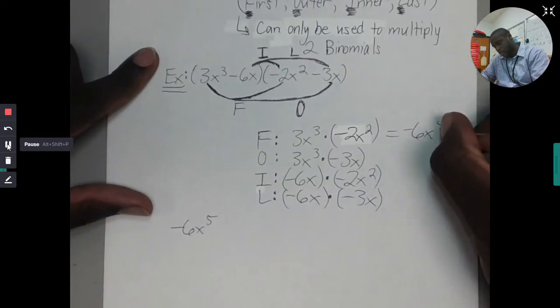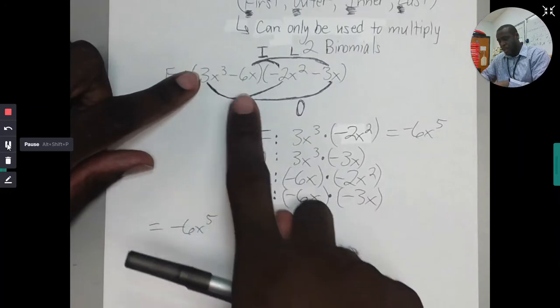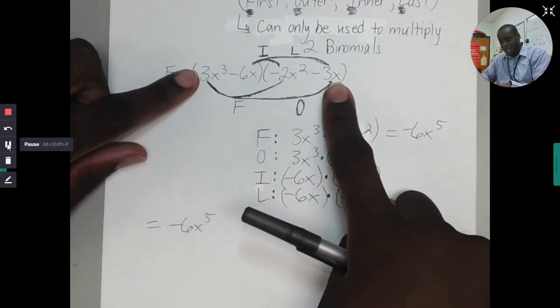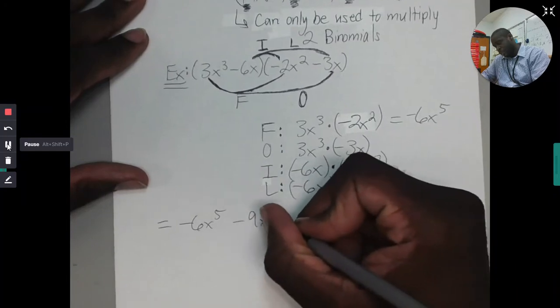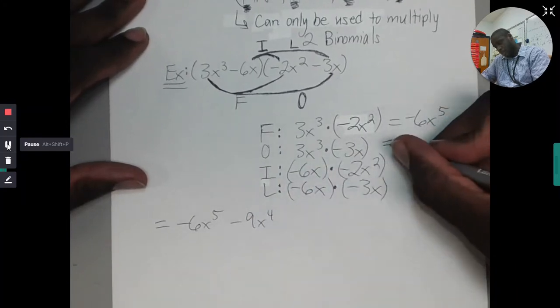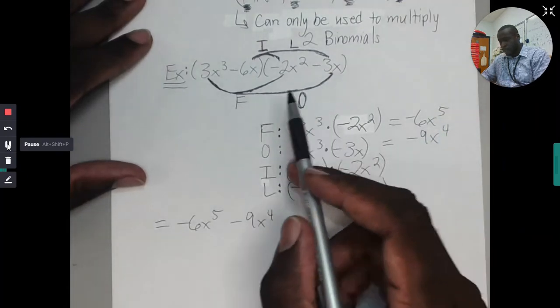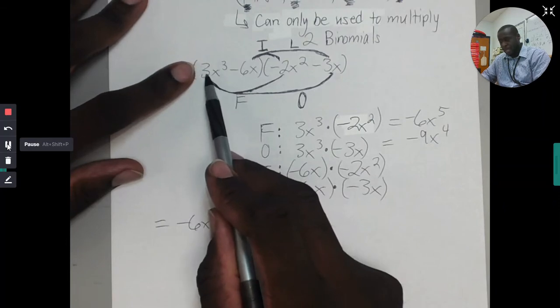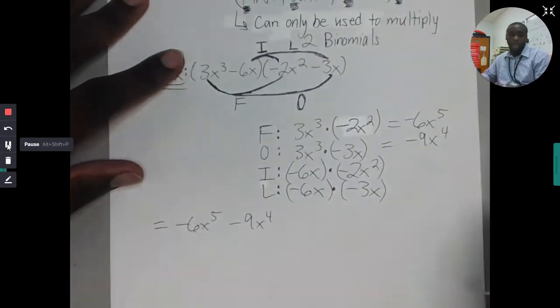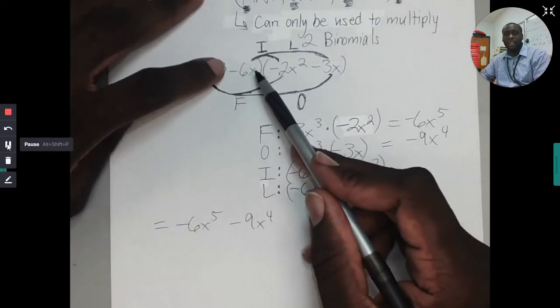You're going to do 3x cubed times negative 3x. That gives you negative 9x to the fourth. So that handles multiplying your 3x cubed. That's the F and the O. And then you're going to distribute the negative 6x.